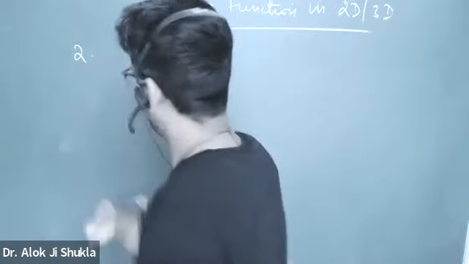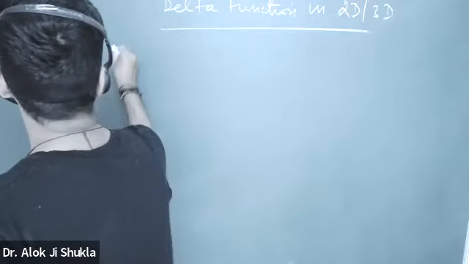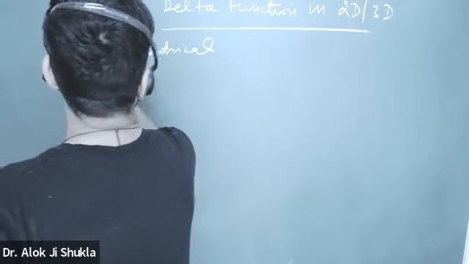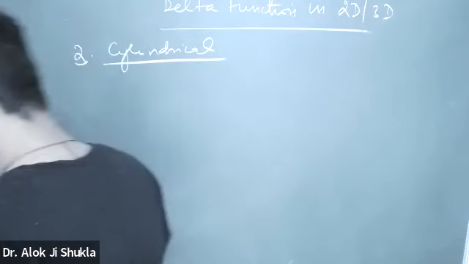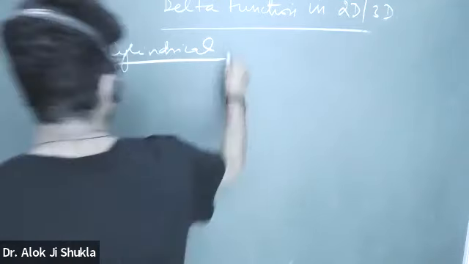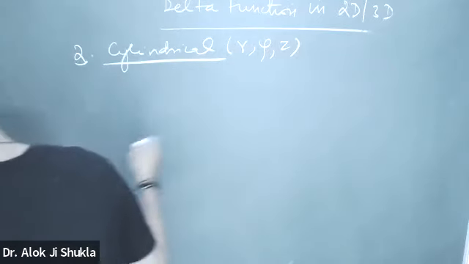Now you can make correspondence between this and that. Third one is cylindrical. So suppose I write it as r, phi, z. The r here is different, remember?